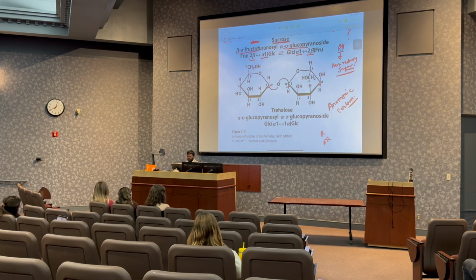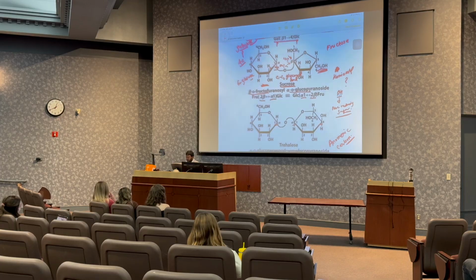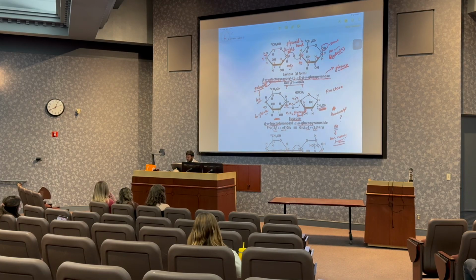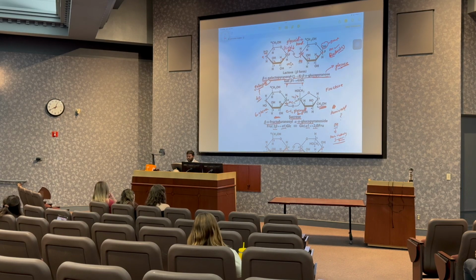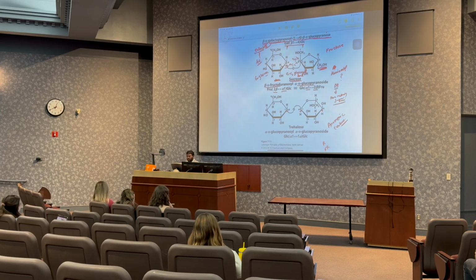If you are confused, let's see the other structure. Look at this. This is the anomeric carbon, yes. But this one is not the anomeric carbon because it is not next to oxygen, right? Am I clear? So this is a non-reducing sugar. This is not a reducing sugar.